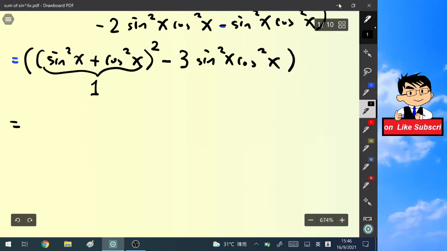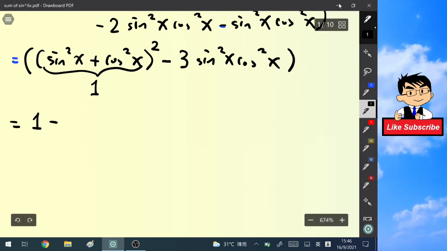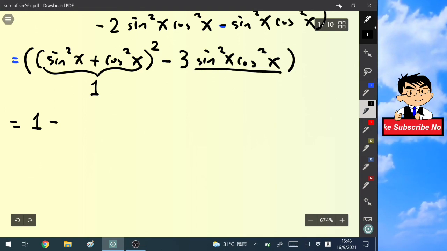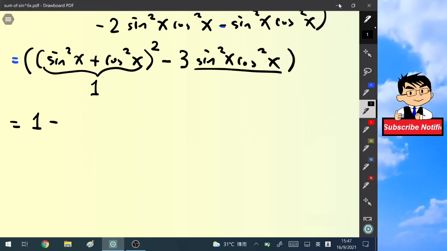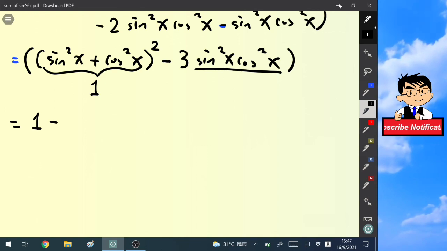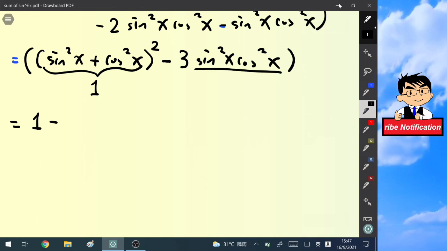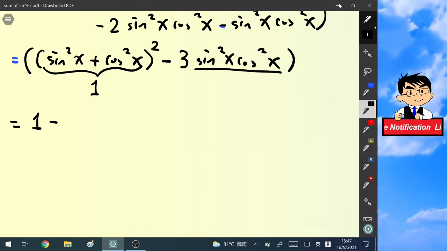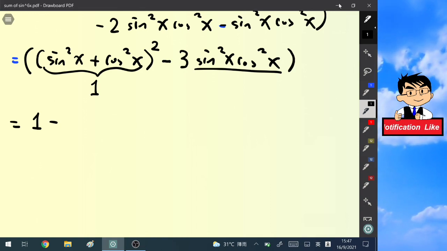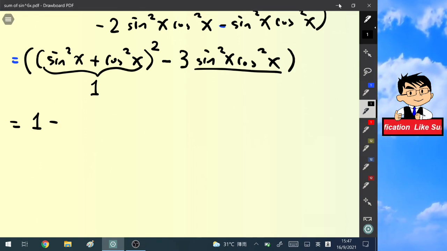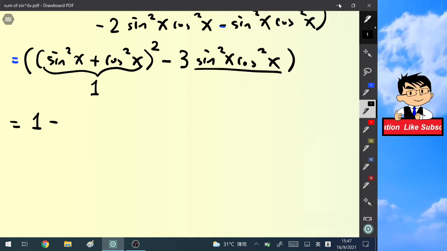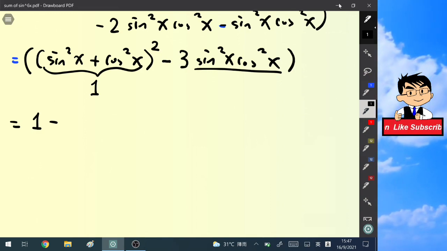So we have 1 minus this product, and sine square x cosine square x is not very nice because we are doing the summation. So how about we express it in terms of a single trigonometric ratio? It reminds me of the double angle of sine.